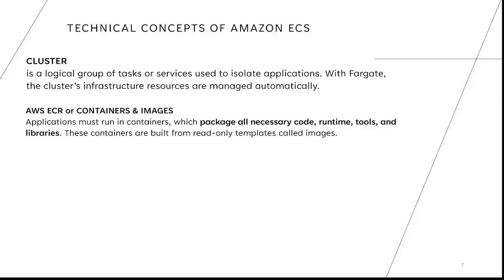Applications must run on a container, which packages all the necessary code, runtime, tools, and other dependencies that we mentioned earlier. These containers are built from read-only templates called images.